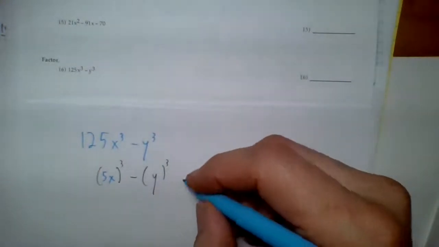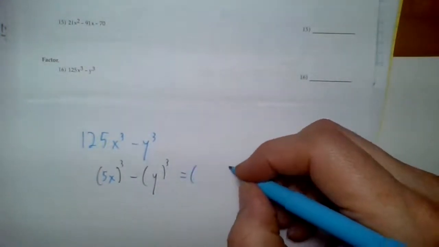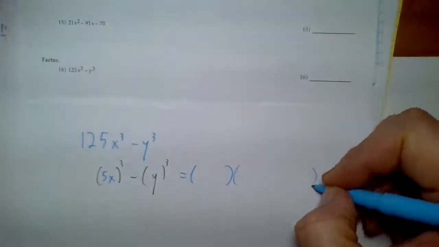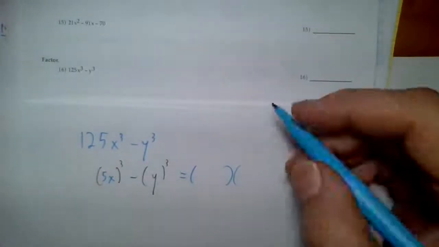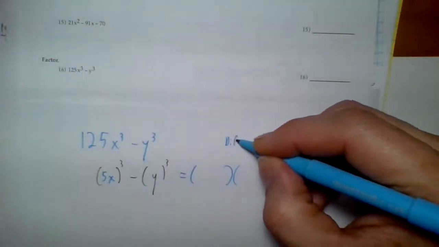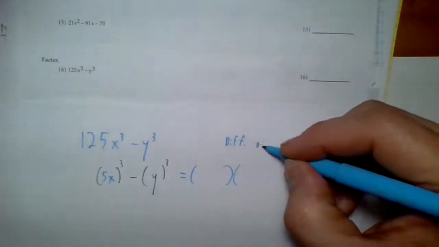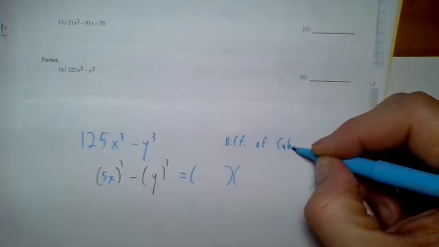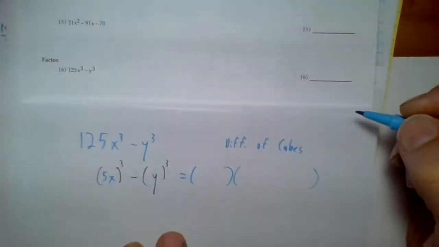Those are the pieces. Those are not the factors. This is still written as terms, and I want to write it as factors now, but those are the pieces that I need to put together my short and long factor for the cubes thing. I'm just going to write down the stuff that goes in here, but it's the difference of cubes pattern that you want to remember.